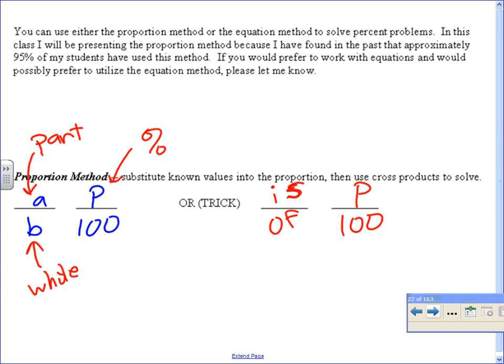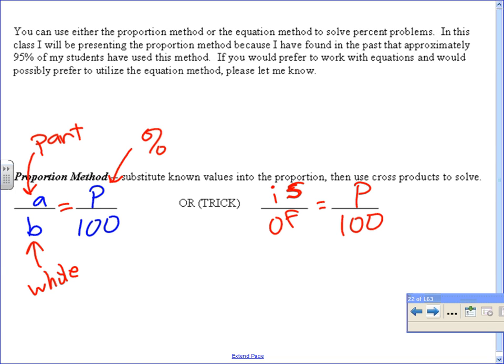Now, I am not teaching you the percent equation this year, okay? Hold on, listen. The percent equation is the same thing as using the proportion method. That's why I don't teach both. You can make an equation from a proportion. Why can you make an equation from a proportion? Sean, why?